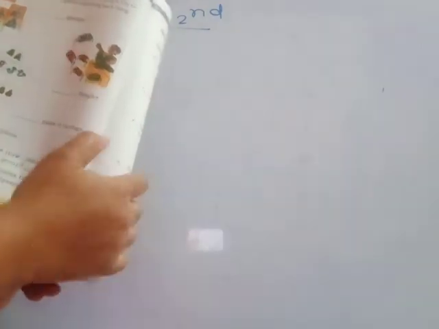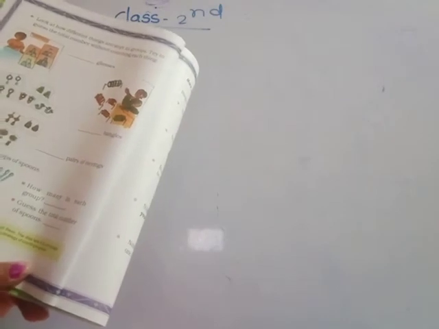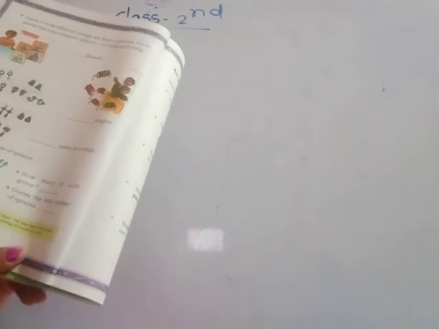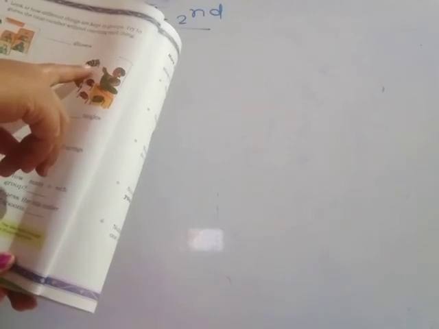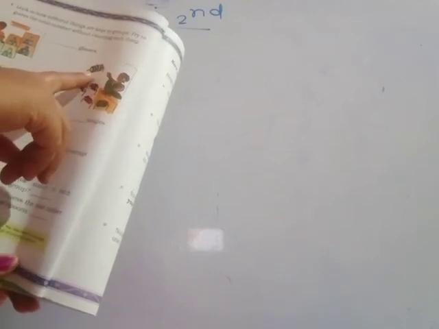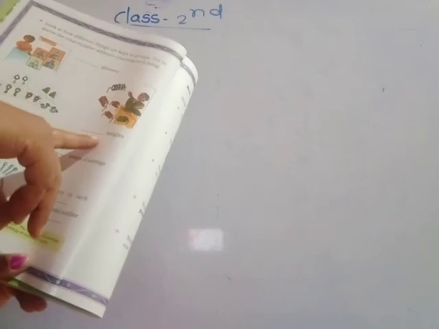Then see here, bangles. Here is a group of bangles. How many groups of bangles here? 5 groups. And in each group how many bangles? 5 bangles. Then total how many bangles? 5 groups, in each group 5 bangles, means 5 into 5 is equal to 25 bangles.